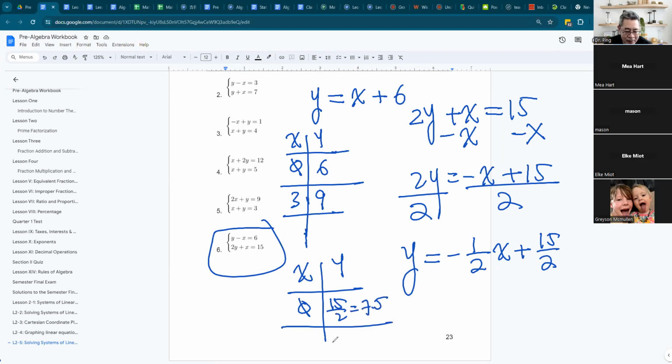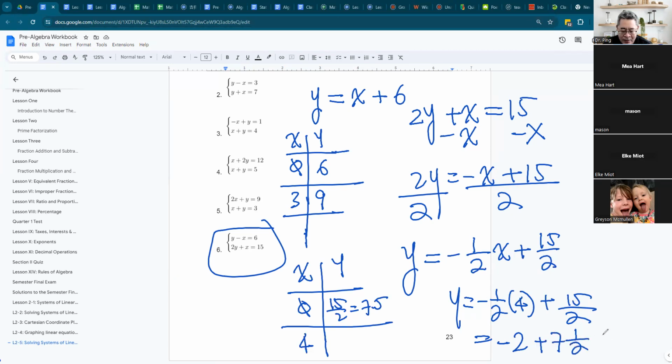Now for the other one, say x is 4, then y will be negative half times 4 plus 15/2. This will be -2 plus 7.5, so that gives us 5.5.